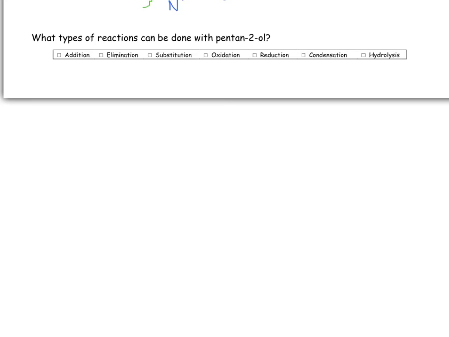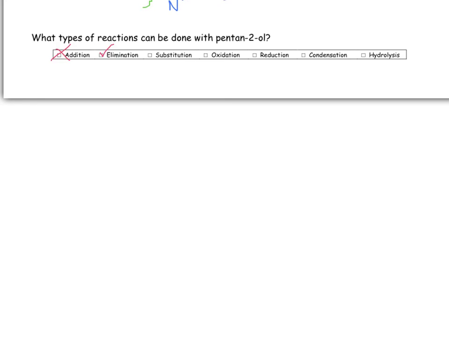Here are the answers. Because pentan-2-ol does not have a double or triple bond, it cannot perform an addition reaction. You can remove the hydroxyl group and a neighboring H, so that means pentan-2-ol can do an elimination.